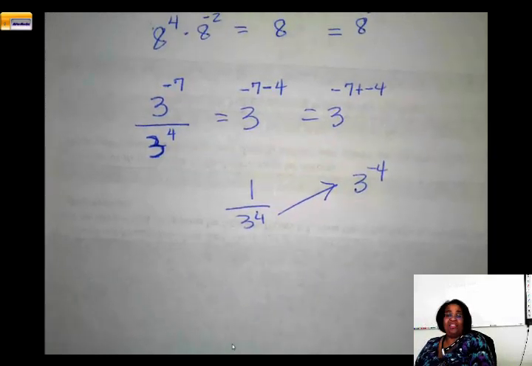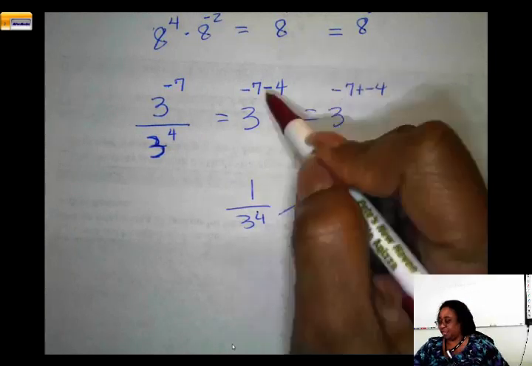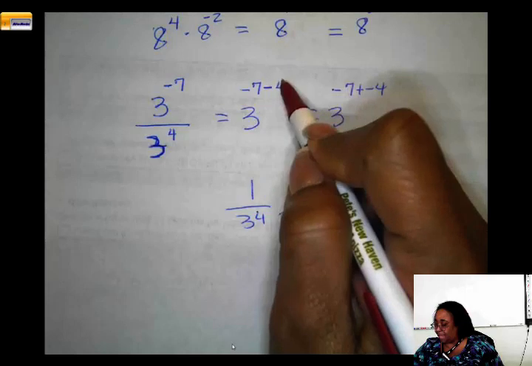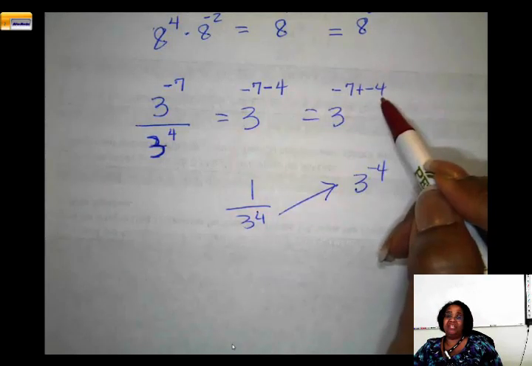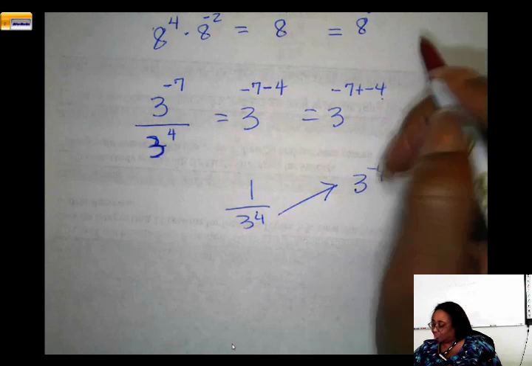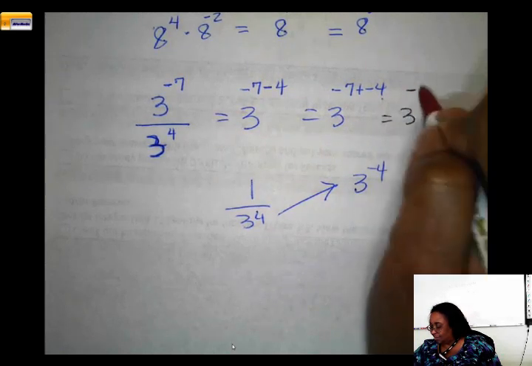Or I could just use my rules for integers. I could say, oh, this is the same as plus the opposite. Plus the opposite will still give me negative 7 plus a negative 4. So what will my answer be in this case? 3 to the negative what? 11.